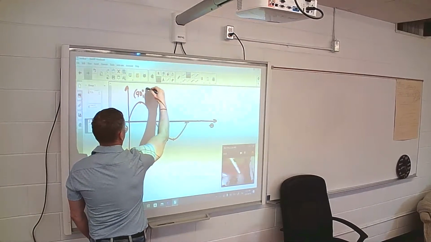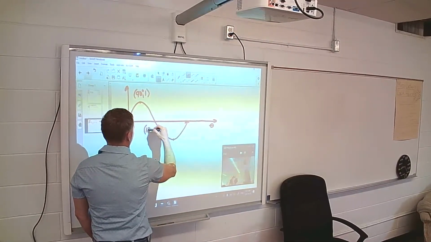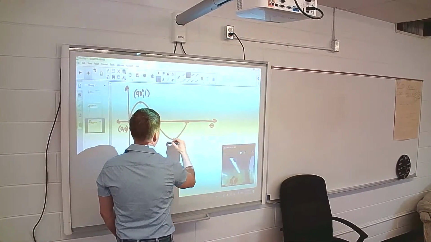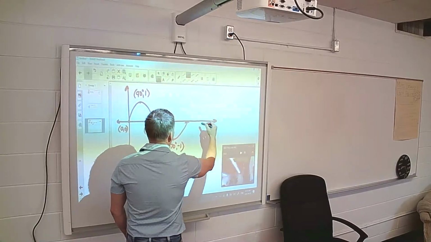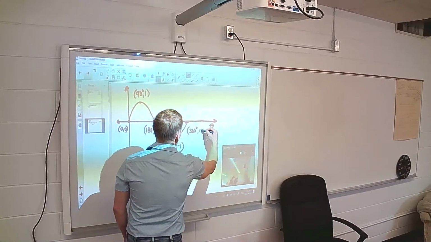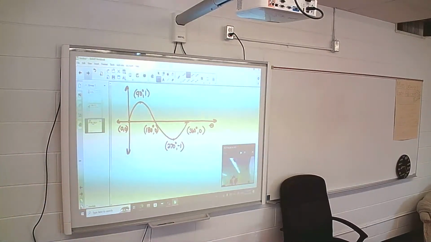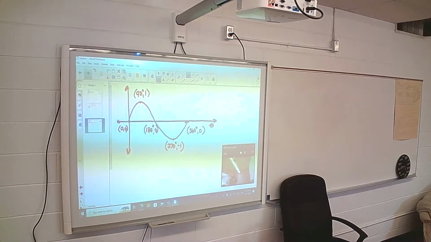Good. 90 and 1. Then this one is 180 degrees and 0. Then right here is 270 and -1. And then here? 360. Perfect, thank you. Okay, everybody make sense of that? So those are your 5 key points for a sinusoidal graph. All right? Good?